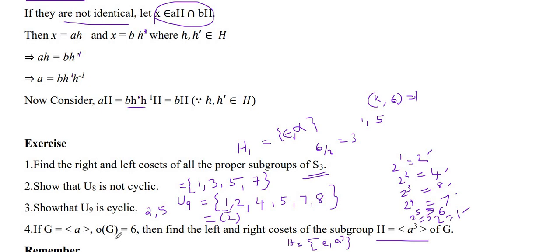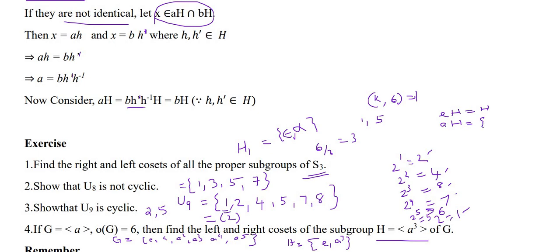And what are the elements in G? The elements in G are E, A, A square, A cube, A power 4 and A power 5. Only these are the 6 elements. So you need to find EH, that is same as H, and then you have to find AH. Left coset means, what is H? H is E and A cube.